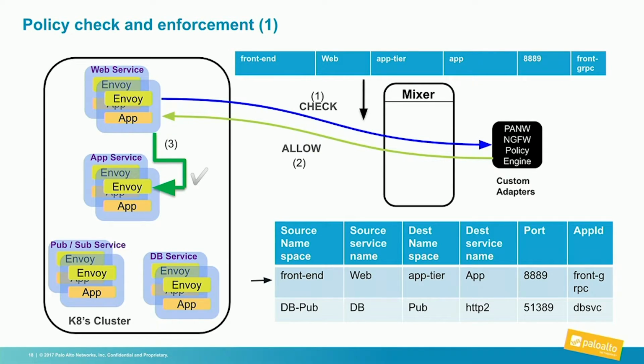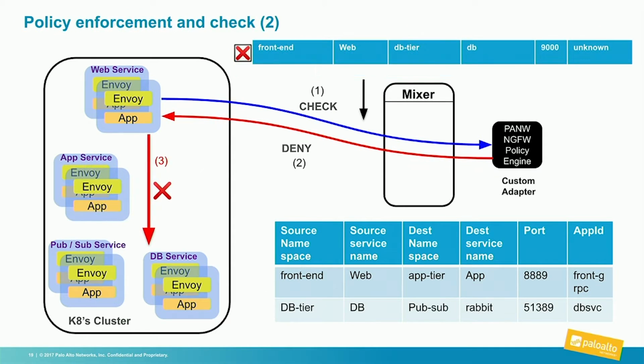The security adapter has retrieved all these policies and performed this transformation, and now it can say, yep, I have an entry, it matches. I can allow this particular connection to go through. So as you can see, the web service is now allowed to talk to the application service.